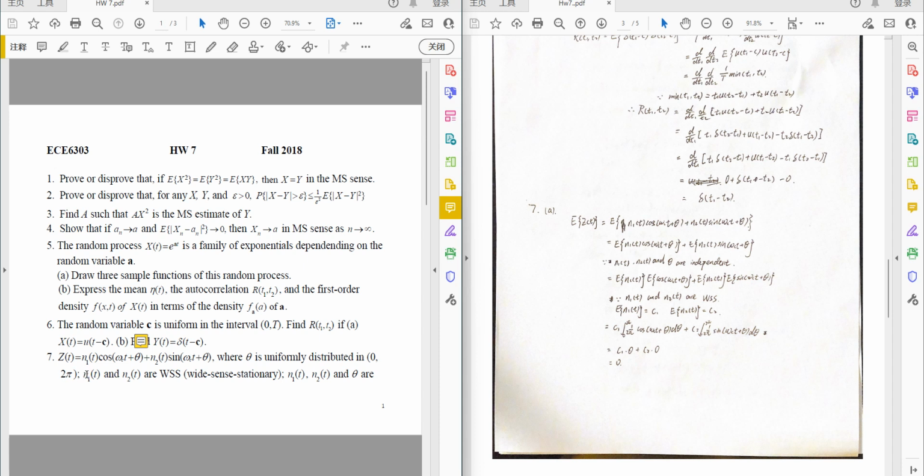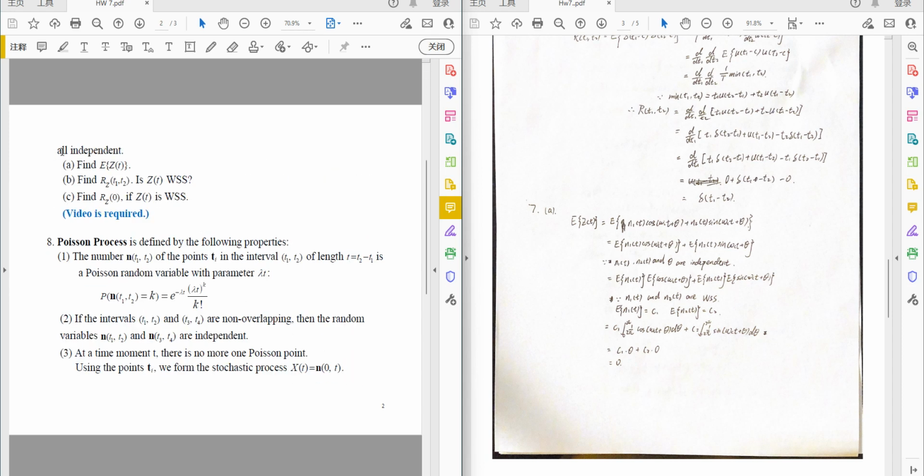We also know N1(t) and N2(t) are WSS, wide sense stationary. Also, they all are independent. So now the first question is to find the expectation of Z(t).